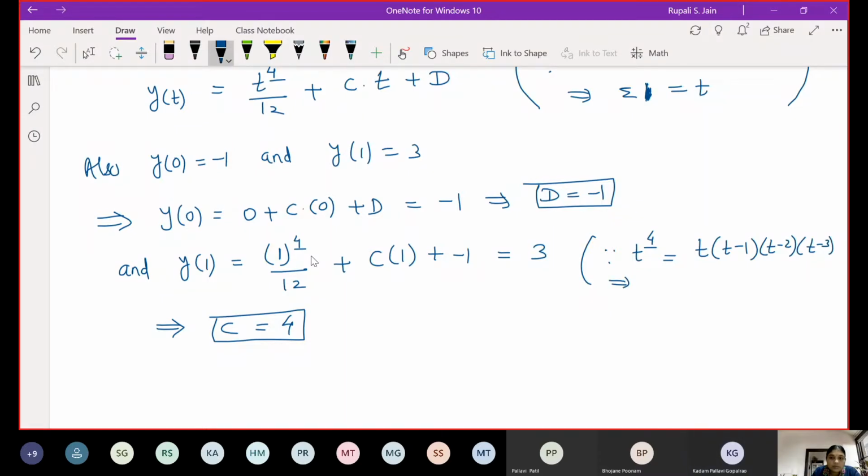So this implies 1 to the 4 falling is 1, then 1 minus 1 is 0, 1 minus 2, 1 minus 3. So I am getting here 0 only. Correct? 1 to the 4 falling is 0. So C is equal to 4. Right? Yes, ma'am.